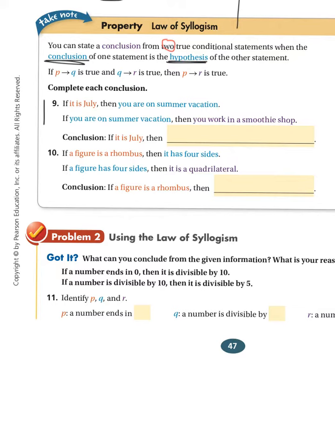If it's July, then you're on summer vacation. That's a basic conditional. Then you get another conditional. If you're on summer vacation, then you work in a smoothie shop. You see the link there. The link is the summer vacation. It's the conclusion of one, and it's the hypothesis of the next one.